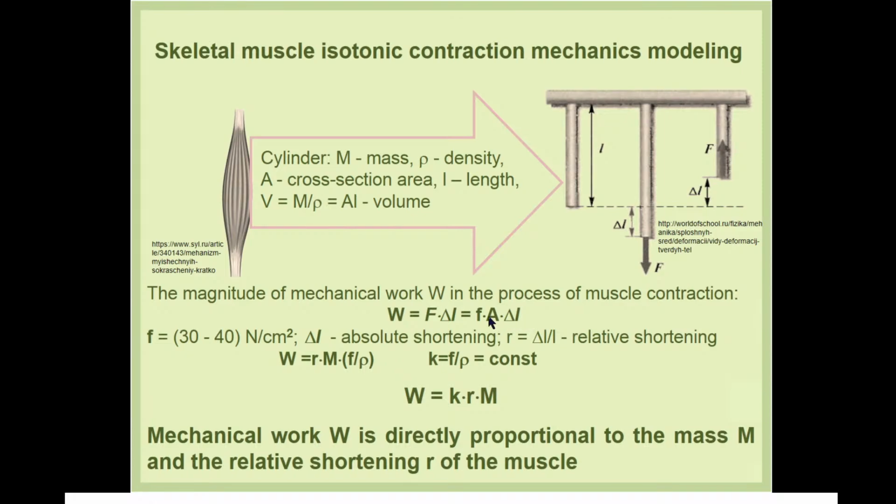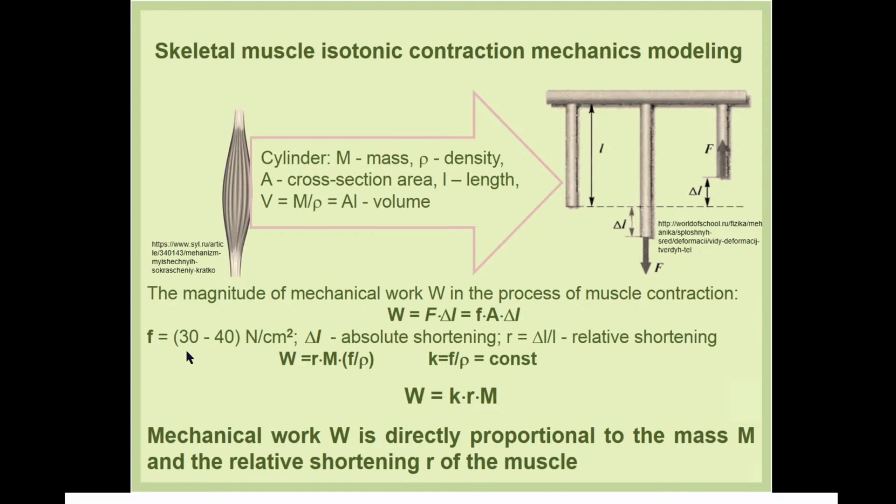And what is this? It is the product of the cross-sectional area of the skeletal muscle and this elementary force that is considered as the force developed by the skeletal muscle at its cross-section of a unit area.